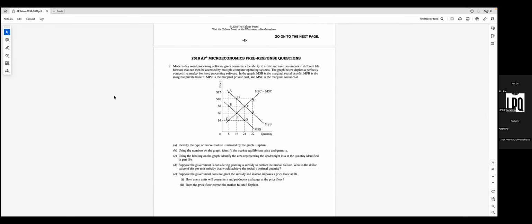Let's do 2018 question two. I'll give you 15 minutes for this question, all parts from A, B, C to E.